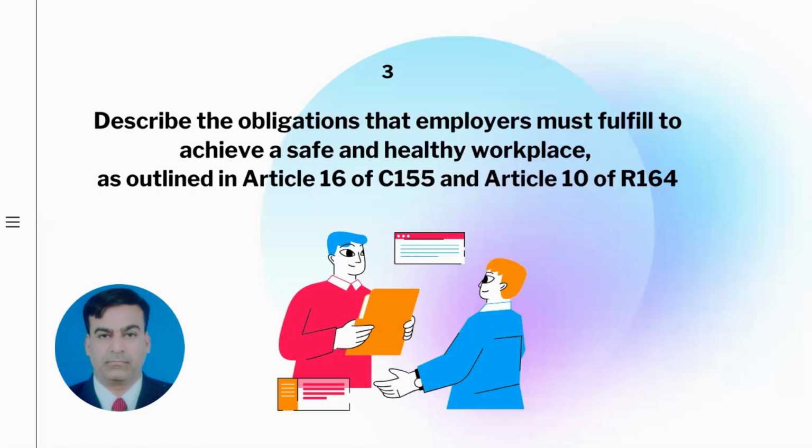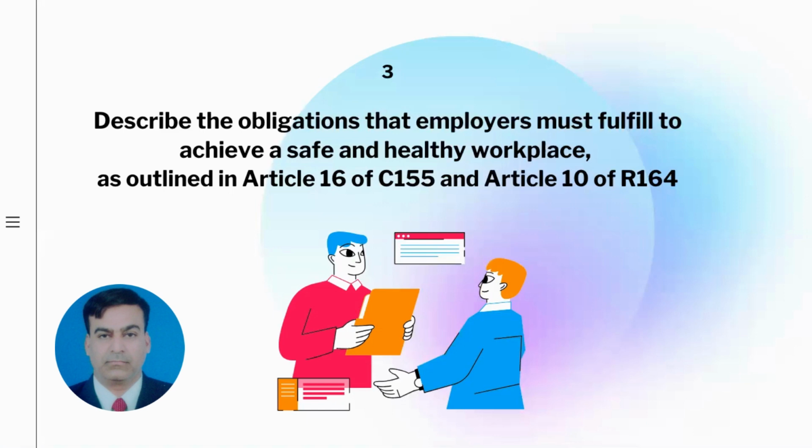According to R164, Article 10 of Recommendation 164, some obligations are on the employers, which are as follows. Number 1, provide safe workplaces and work equipment that do not pose a risk to health.